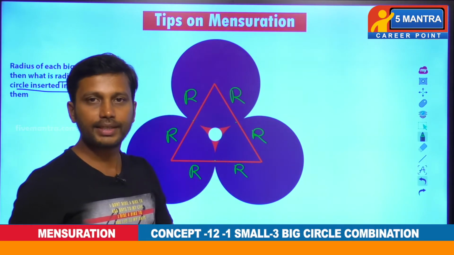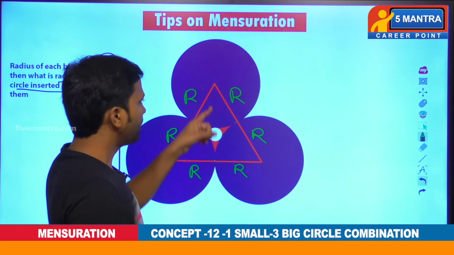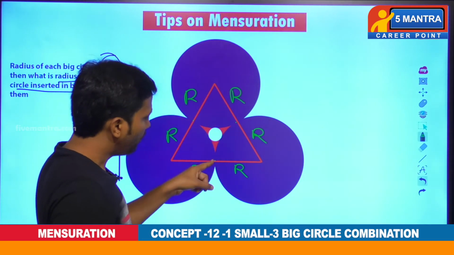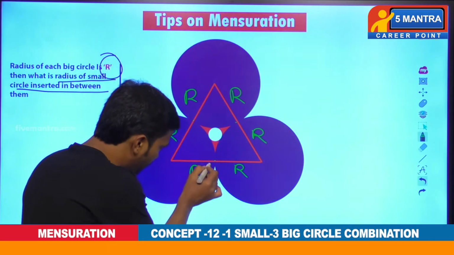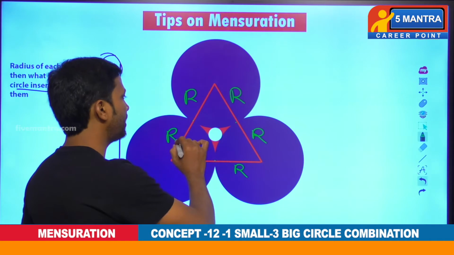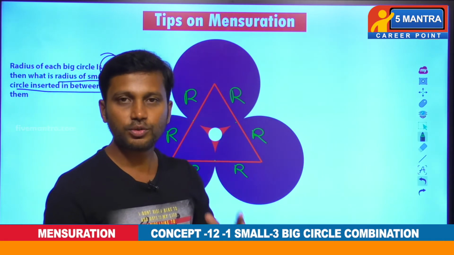Now let us do one thing. We join the vertices of the triangle with these points of contact of the circles, like this point, and this point and this point. Let us do this construction.